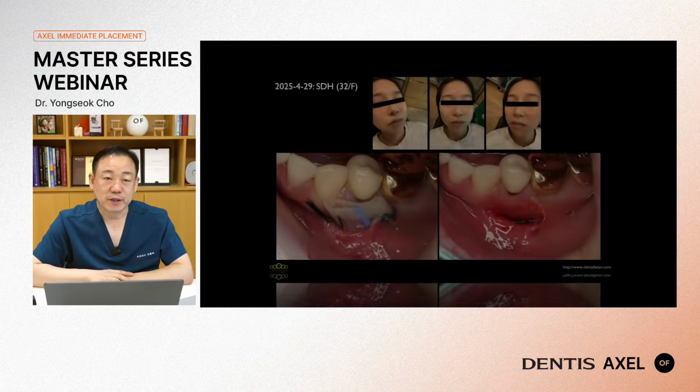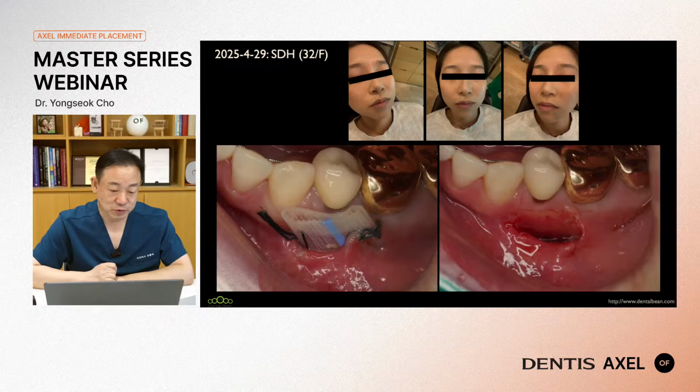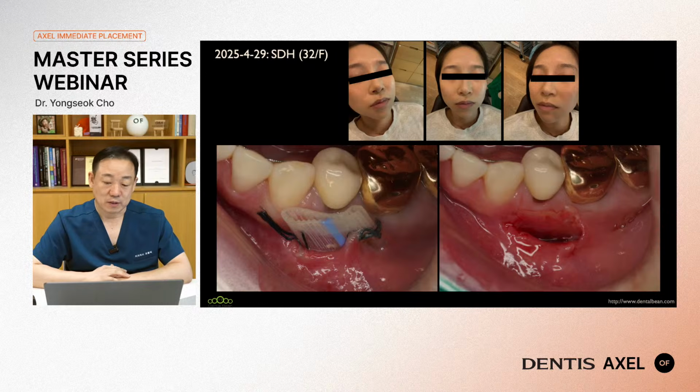This is a young female patient who experienced left mandibular buccal swelling because of a periapical lesion of a tooth. So she received an incision and drainage at the university because of a buccal abscess.